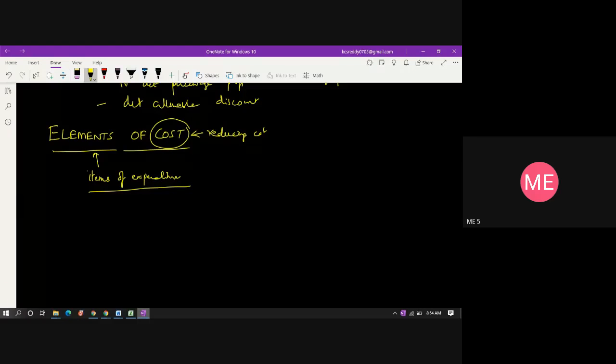Once he knows the items of expenditure involved in the costing process, we can find out the total cost of the product based on these items of expenditure.